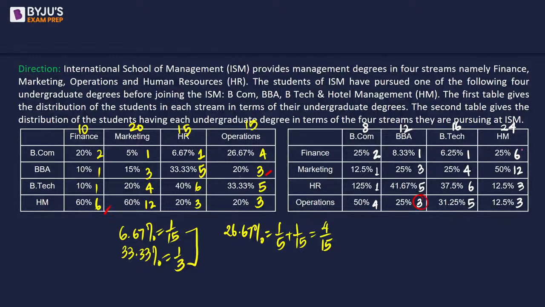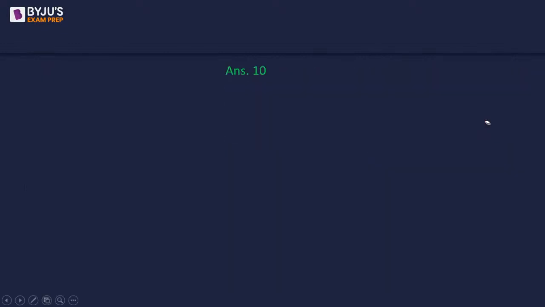Finance hotel management is 6. So looks like there is something missing in the question.